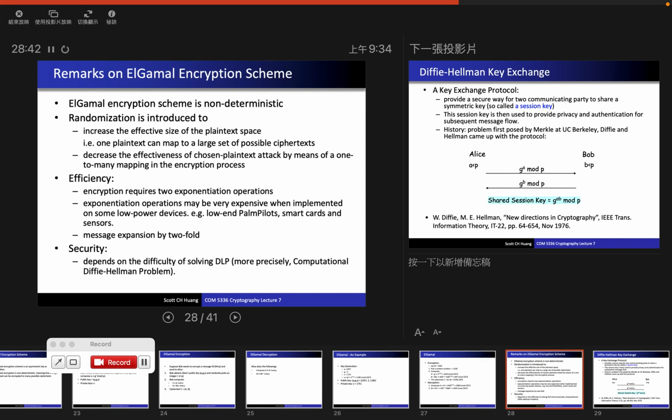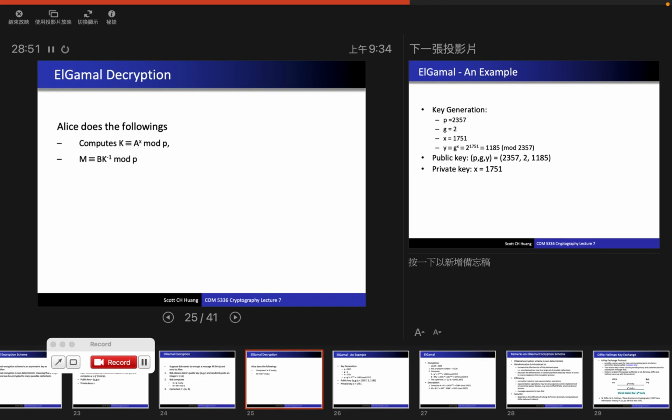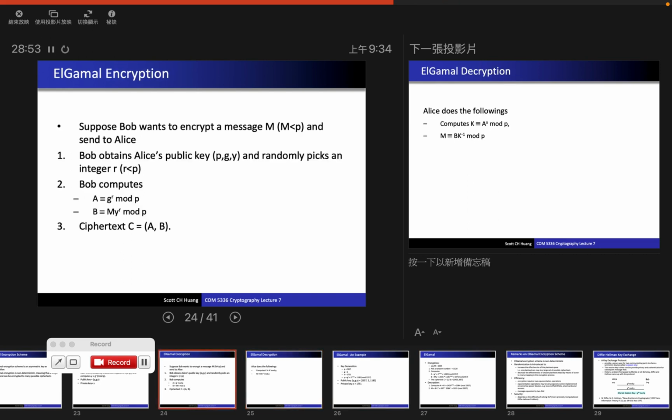How about its efficiency? We can generally measure the efficiency by counting how many times we need to do the modular exponentiation. So let's take a look.